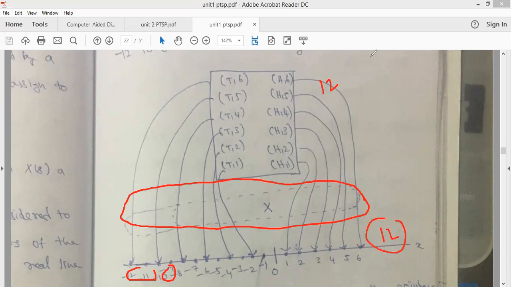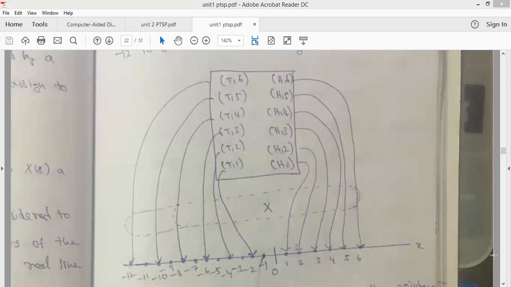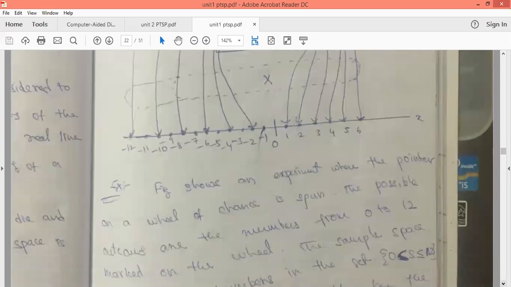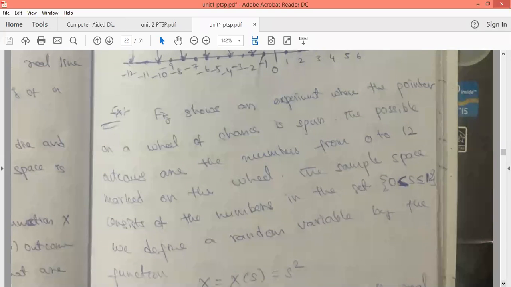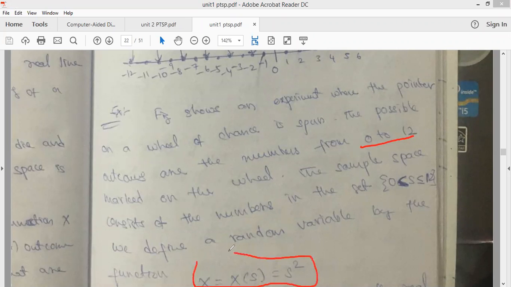So this is one example. The other example is a wheel of chance. The wheel of chance is numbered from 0 to 12. The random variable is defined as x of s is equal to s square.